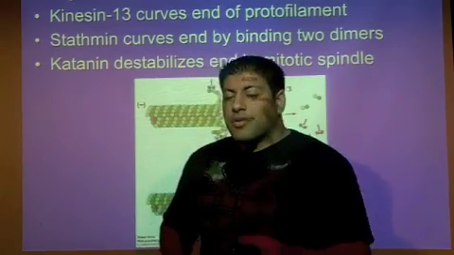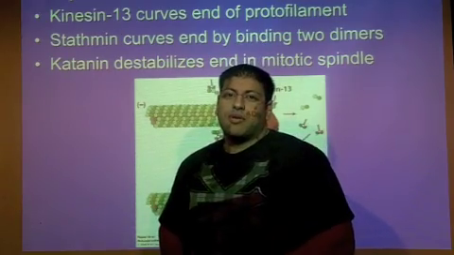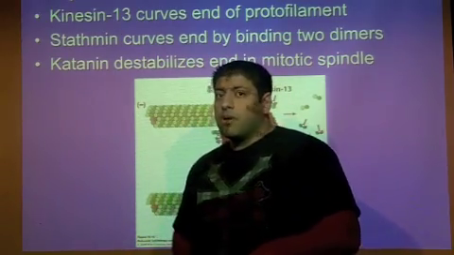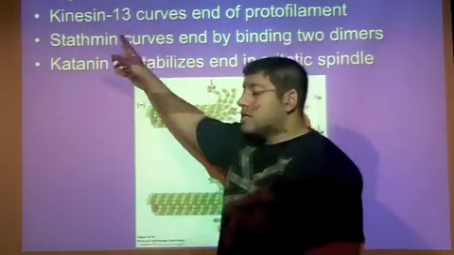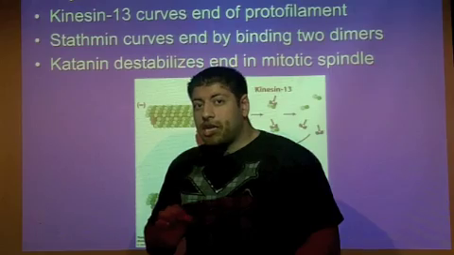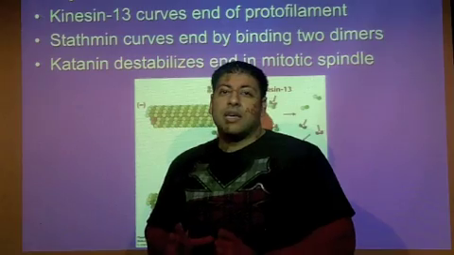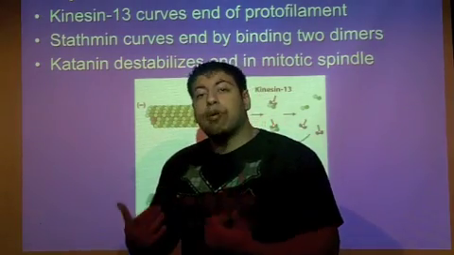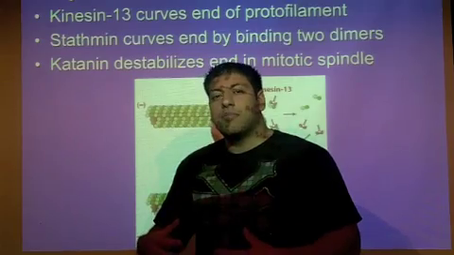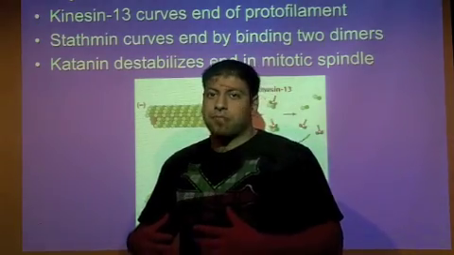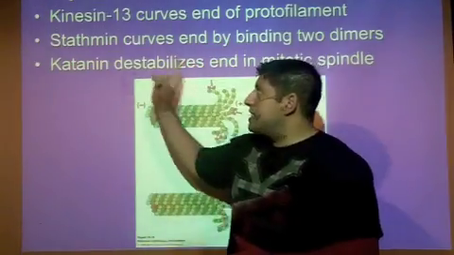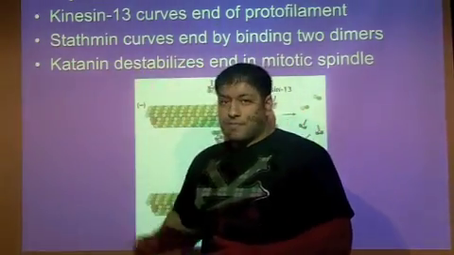Okay? So the three destabilizing proteins we're going to talk about in brief are kinesin 13, which is similar to the kinesin motor protein except it contributes to the depolymerization or disassembly of a microtubule. The other two are stathmin and catenin.